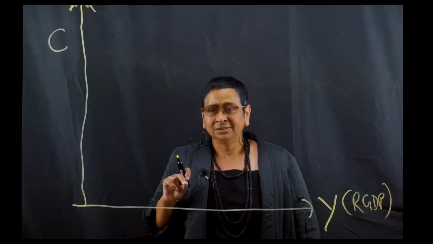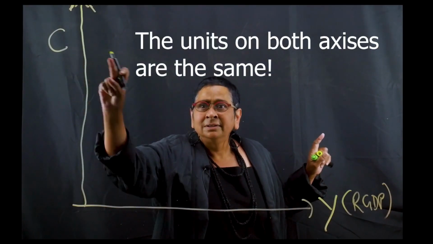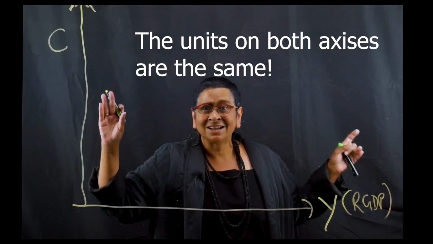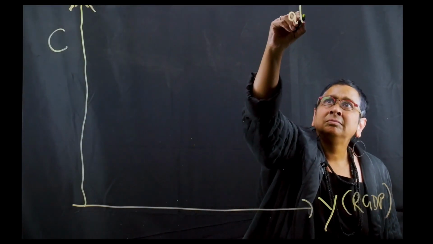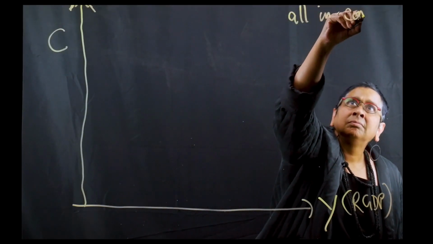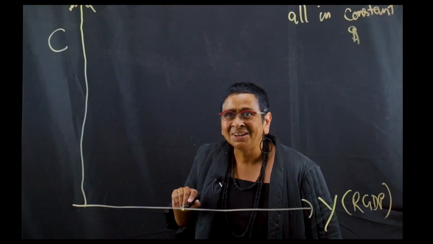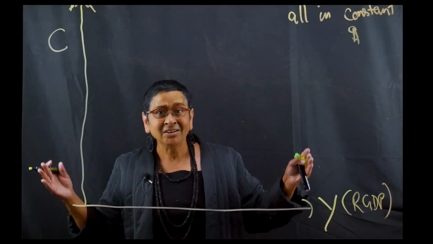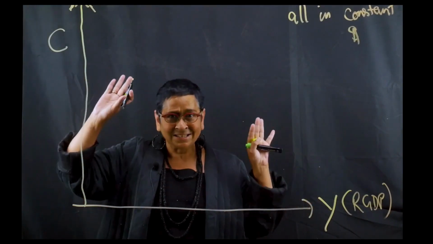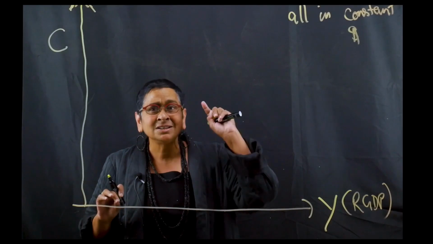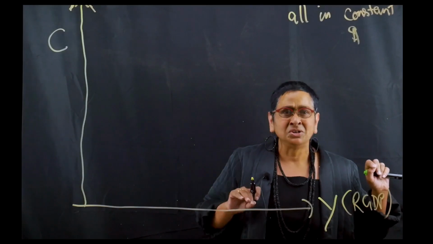Here is a second feature of this graph. The units on both the x-axis and the y-axis are the same, because everything is being measured in constant dollars, all right? Because that's how I'm doing the measurement. So what that means is everything has exactly the same unit. And so this is a very interesting element which is going to make this graph usable in some interesting ways.